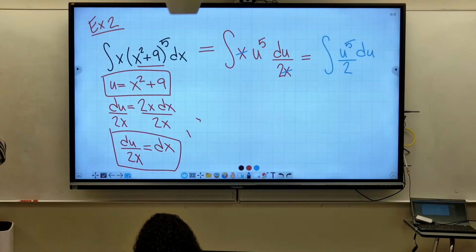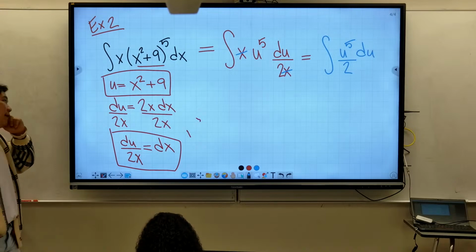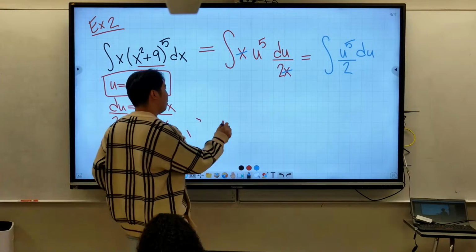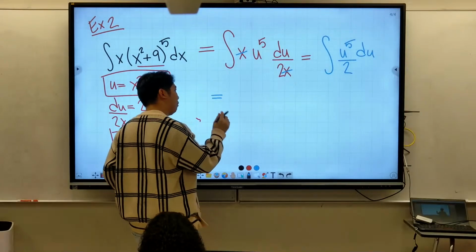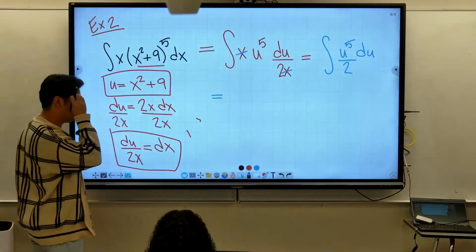Now I claim that y'all are able to integrate this, u to the 5th over 2. So how do I integrate u to the 5th over 2? What does that integral equal in terms of u?